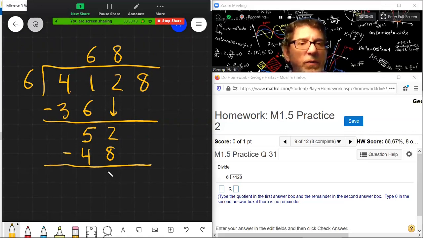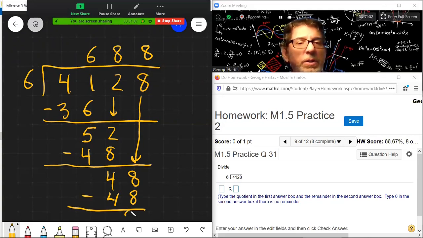The difference is 4. Bring down the last digit. 6 divides into 48. We just did that, 8 times, right? 8 times 6 is 48. Remainder is 0.